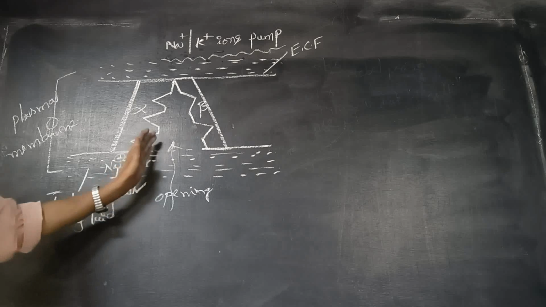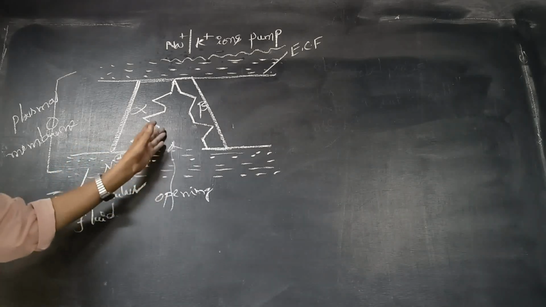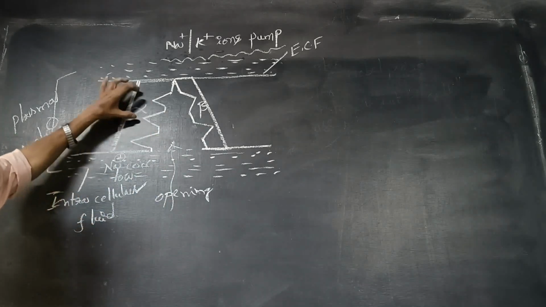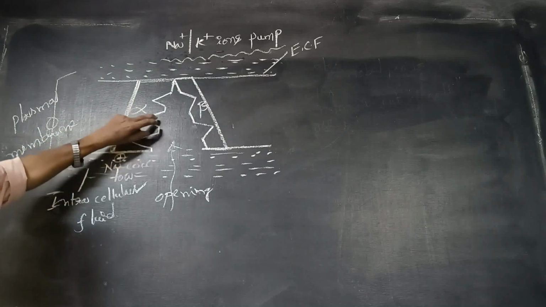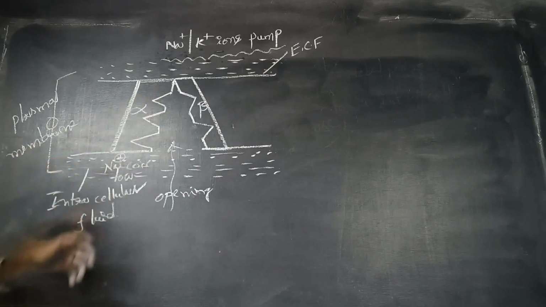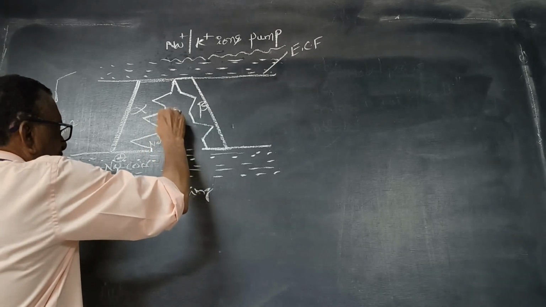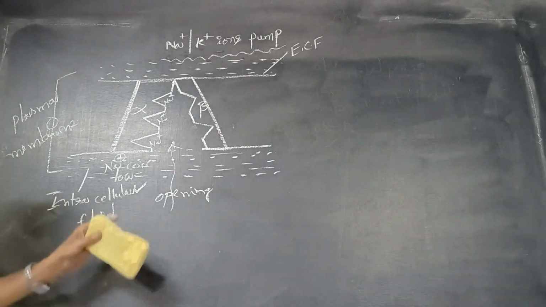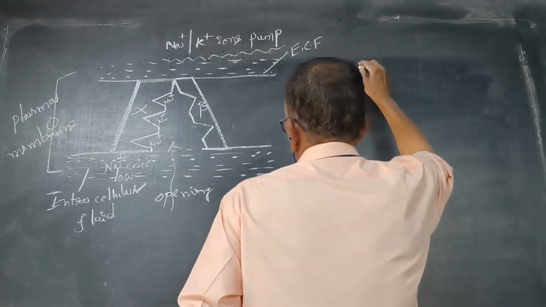Now, through the opening, sodium ions will enter. They will enter into the alpha unit and they will occupy these places. So here we have three sodium ions. Draw another parallel line.